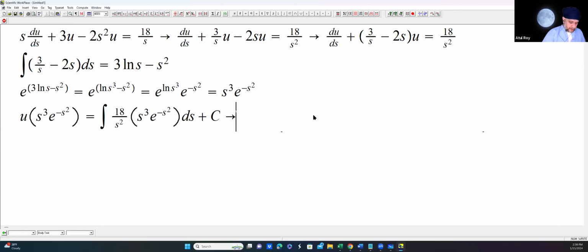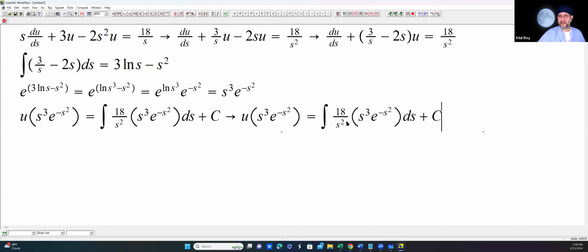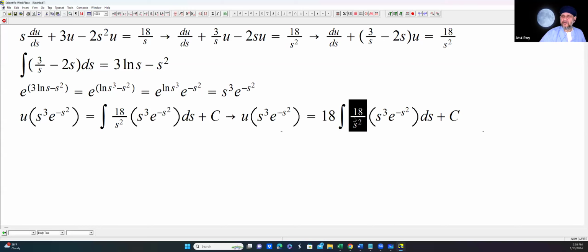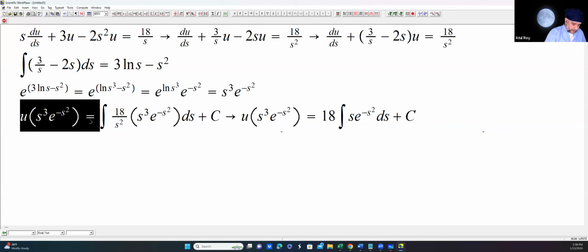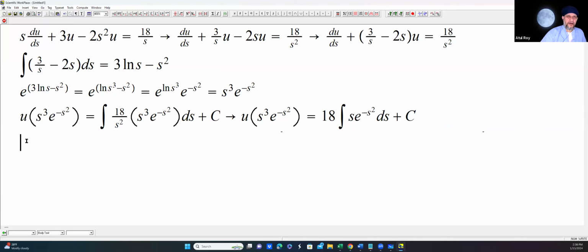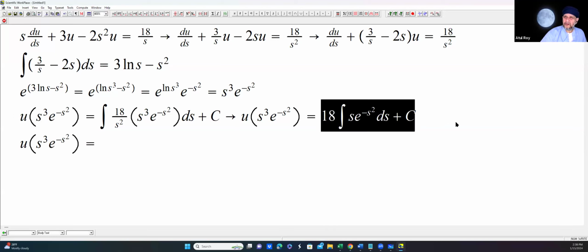Here we have 18, right? We factored it out and let's divide it. So this will become simply 1 over s, am I right? So this whole thing becomes this.